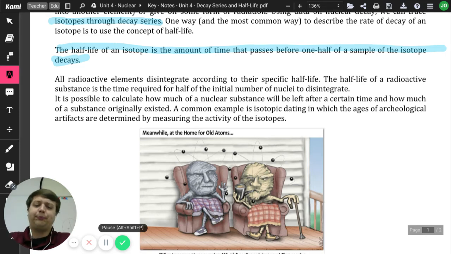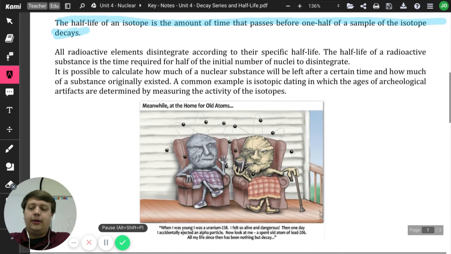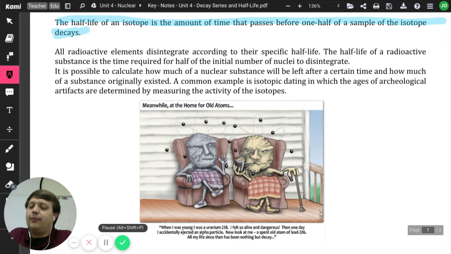Now, the most common example of isotopic dating is when an archaeologist dates an artifact. They're trying to figure out how old the artifact is, what time period in history it came from. So they'll analyze some of the substance that's there, see how much of the different elements we find, and from there they can figure out the age of that substance.